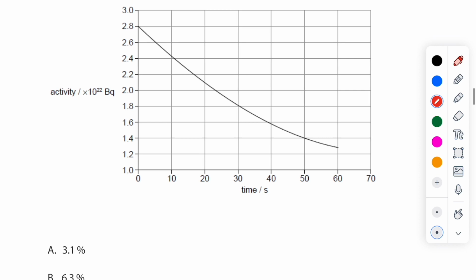So therefore, we can see that 2.8 is the starting one. Now it becomes half. 2.8 divided by 2 is 1.4. So we are seeing it at 1.4.